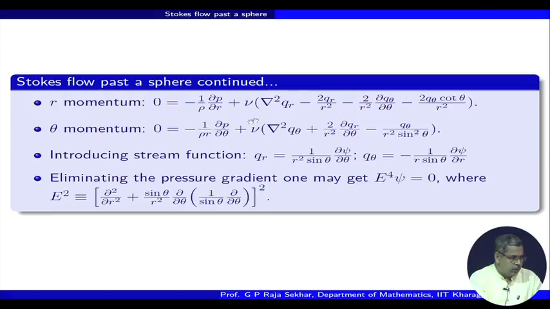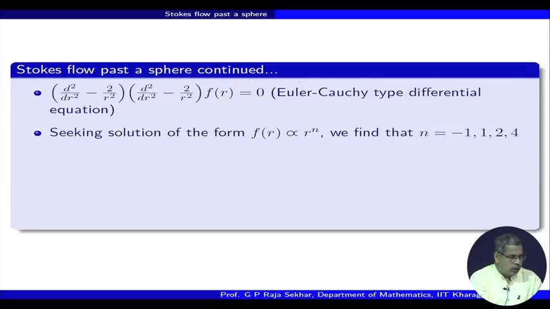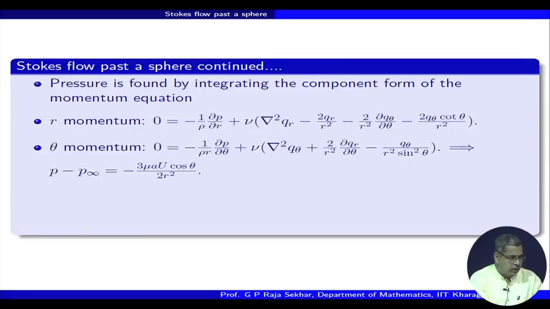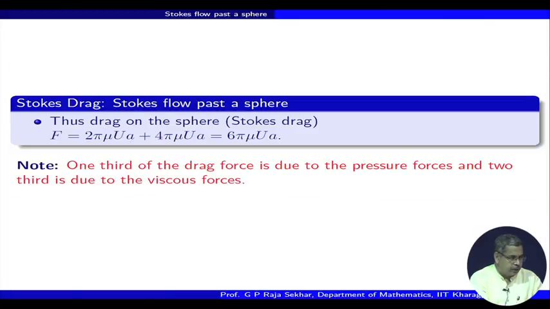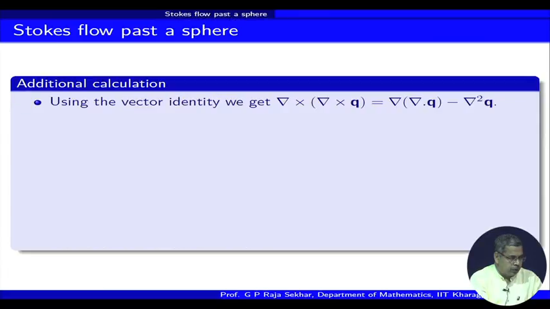So, if you look at it, one approach is to consider the momentum in component form, then eliminate the pressure, then substitute the velocity in terms of the stream function. But this looks slightly involved. So, let us see in brief. I may not be able to give you full details, but let us see an alternative approach using completely vector notation.